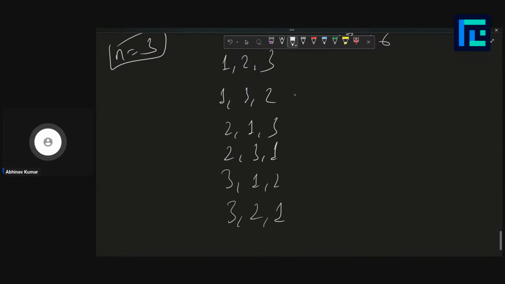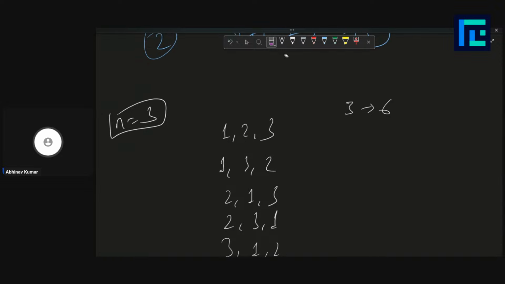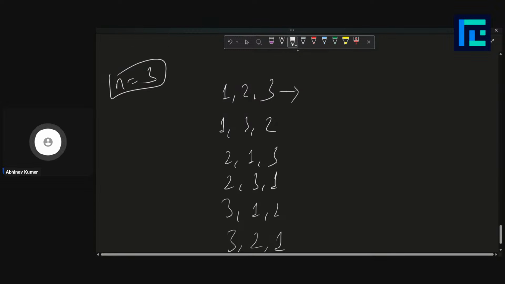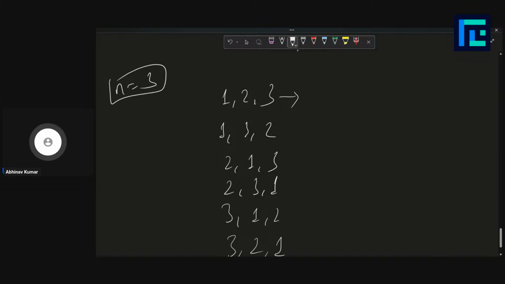Let's look at the value of gP for all the 6 permutations. For this permutation, you have to make all the cyclic shifts. So consider 1, 2, 3. One cyclic shift would make it 2, 3, 1. Then the next cyclic shift would make it 3, 1, 2.